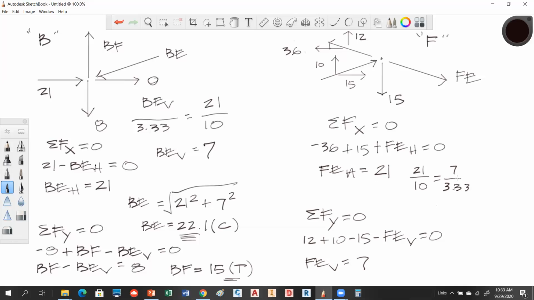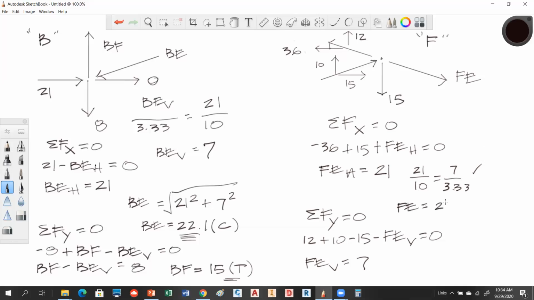If that geometrical relationship doesn't work, then we got a problem. So I get 2.1 on the one side and 2.1 on the other. Okay, so this is correct. You guys agree with that? Okay, so now we can solve FE.